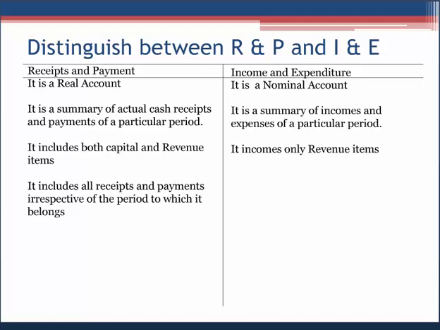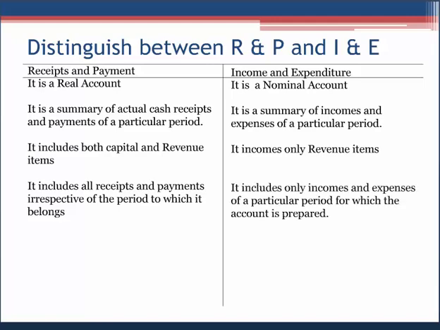Point number 4. The receipts and payments account includes all receipts and payments irrespective of the period to which they belong. The only point of view is that it should be received in the current year. Then it does not matter whether it belongs to the previous year, the current year or the next year. The only thing that matters is that it is received in the current year, and it is recorded.